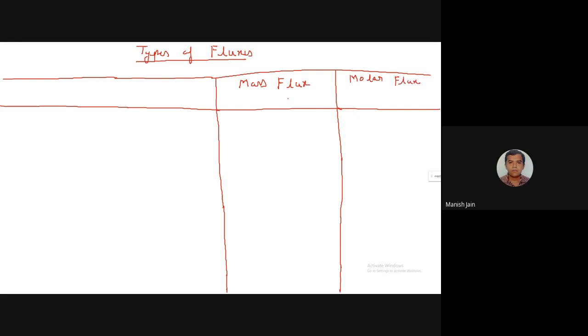These are the two types of fluxes, based on mass or based on moles. Then, the conditions are the same, but based on the position of the observer, where the observer is situated, you have different types of fluxes. First is the absolute flux and second is the relative flux, and relative fluxes are also of two types.